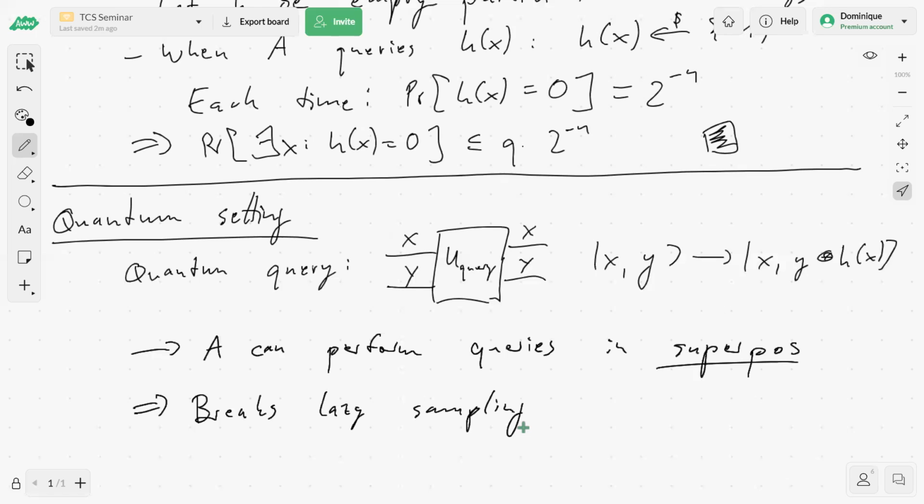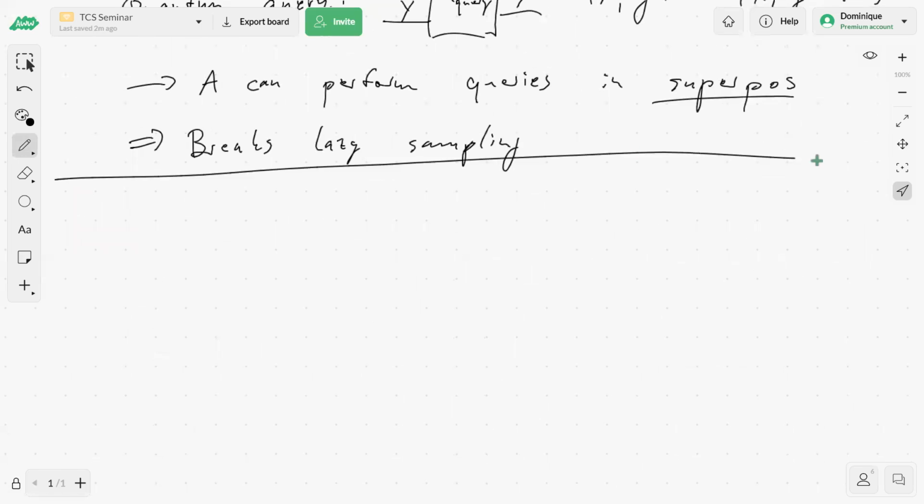But a while ago, it turned out that you can actually do some kind of lazy sampling in the quantum random oracle model. So there were Zhandry's compressed oracles.